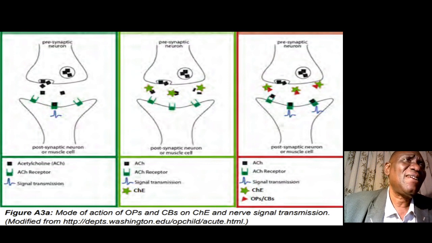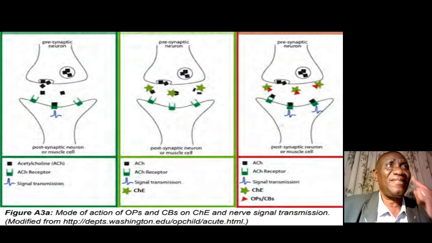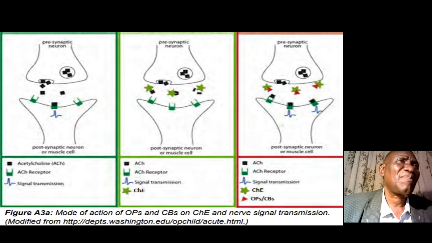The first compartment, probably to your left, represents a normal situation where you have the production of acetylcholine enzyme and acetylcholine production, which transmit the message. After transmitting the message, then the enzyme destroys acetylcholine, which carries the signal, and everything is normal.